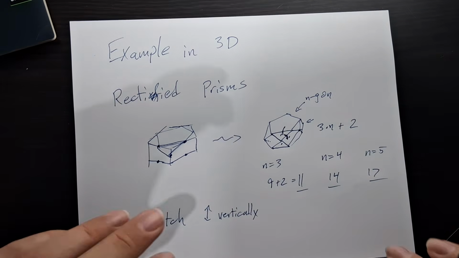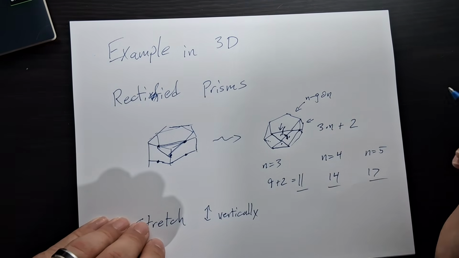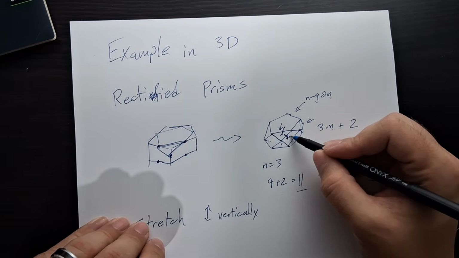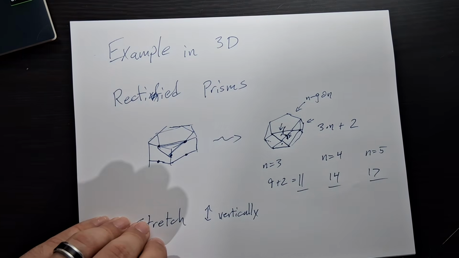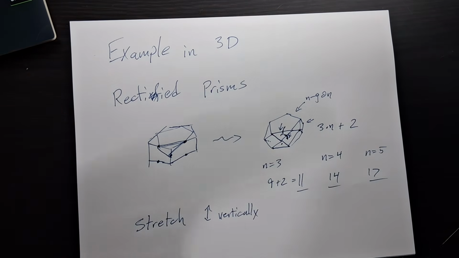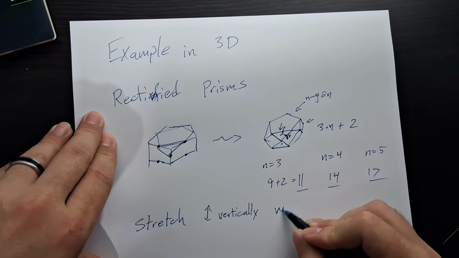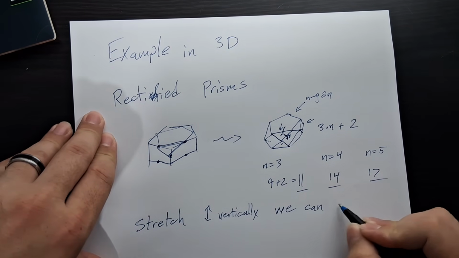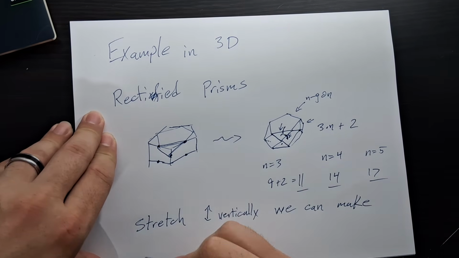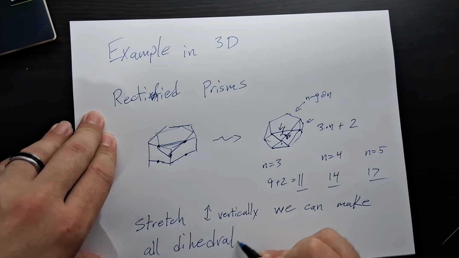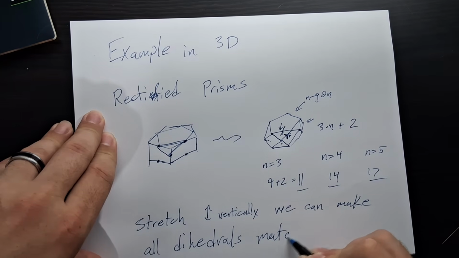So as you squish it, you flatten out that angle and you make this angle sharper. And so there's going to be a balance somewhere in the middle where the dihedral angles for these two different types of edges for the rectified prisms match. We can make all dihedrals match.